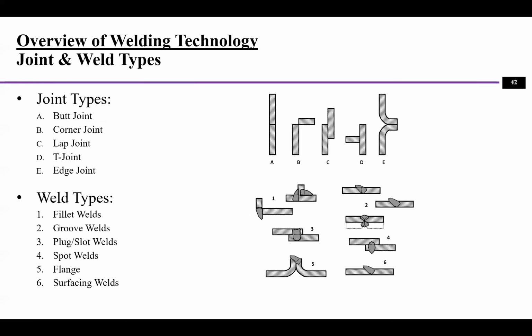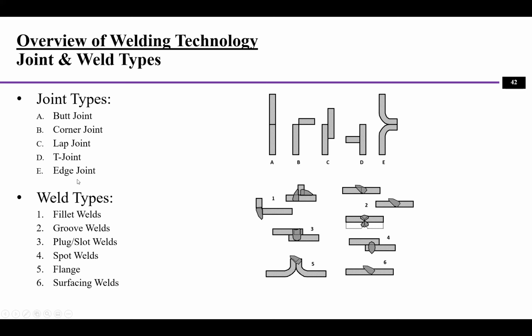Of joining types, these are the typical types of joining, like butt joint, right? Or you can do a corner joint like this, or overlap a little bit, or do the T shape joint, or the edge joint.